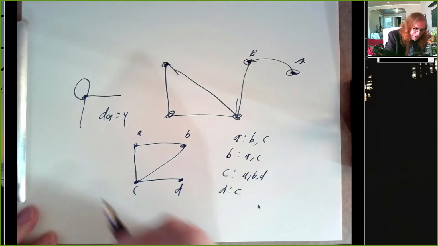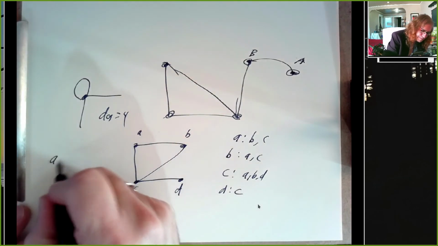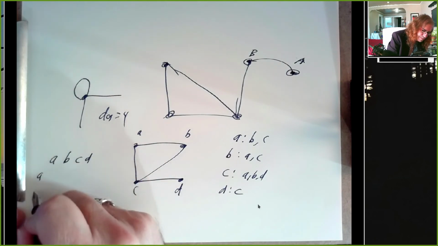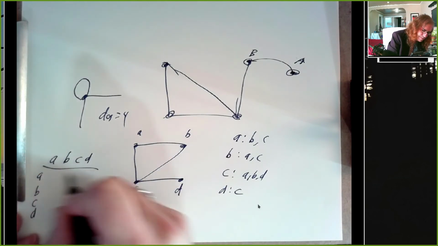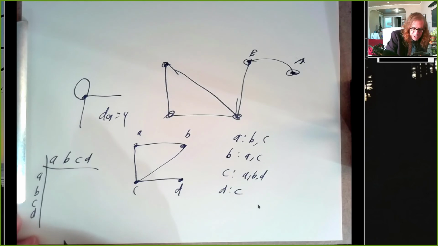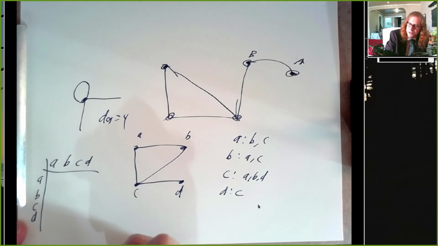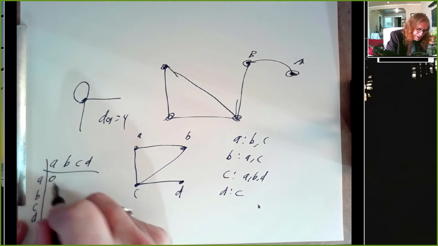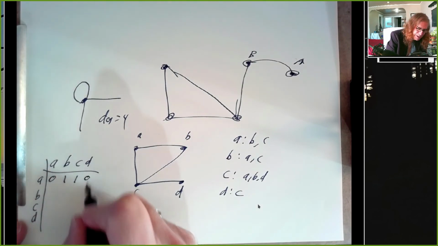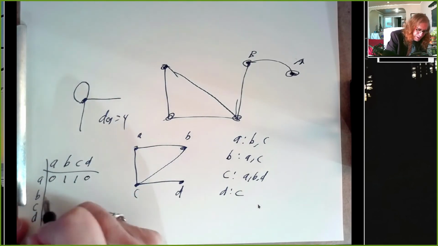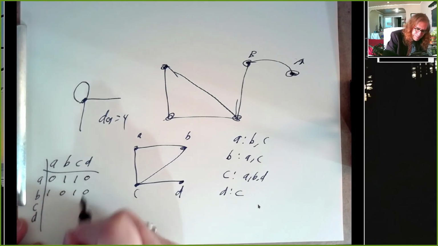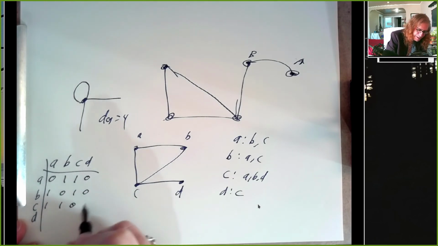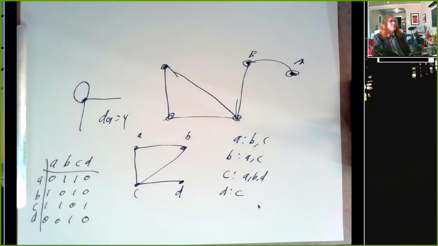All right, an adjacency matrix, we write typically a 1 or a 0 or a true or a false everywhere that there's an edge. So A is not connected to A, but it's connected to B and C and not to D. B is connected to A and C. C is connected to A, B, and D is connected to only C. There's an adjacency matrix.